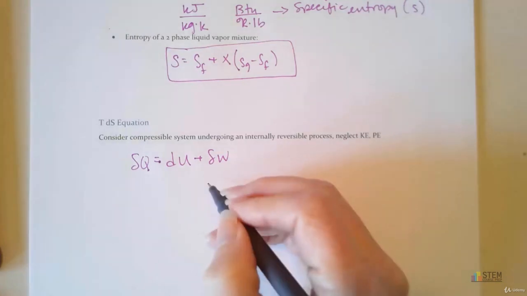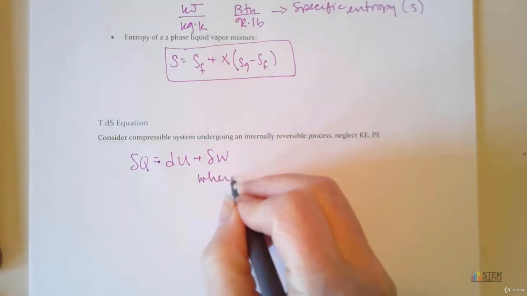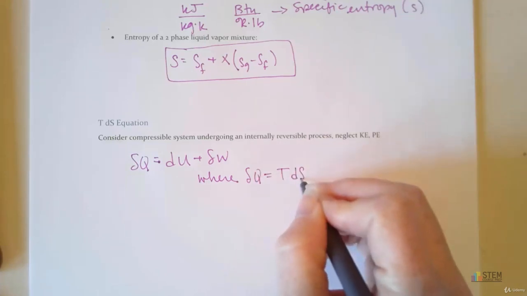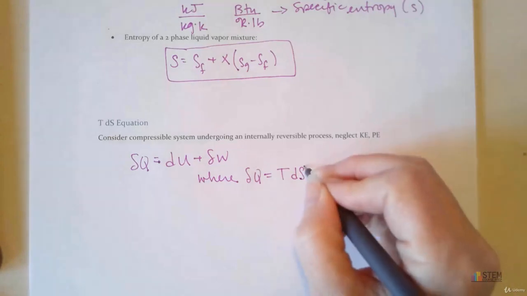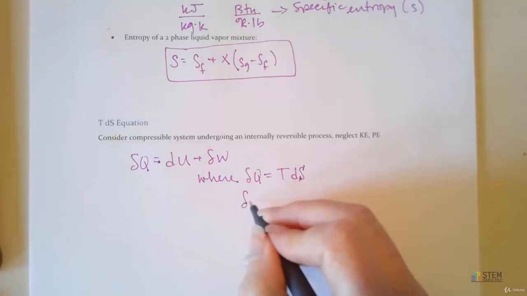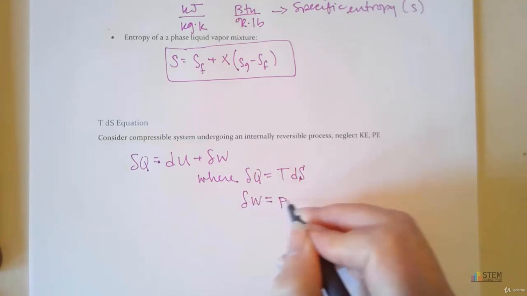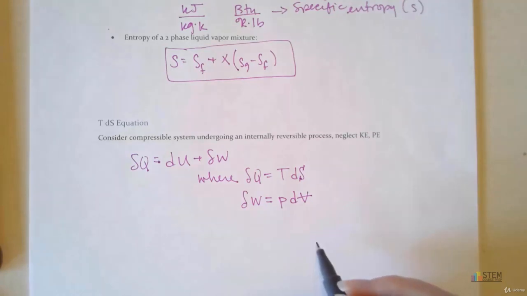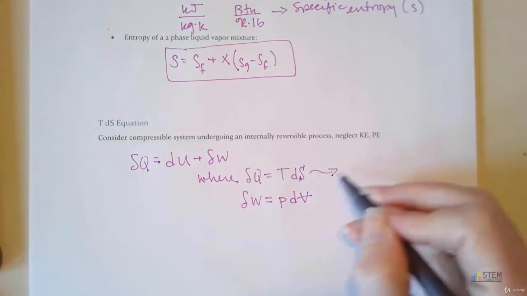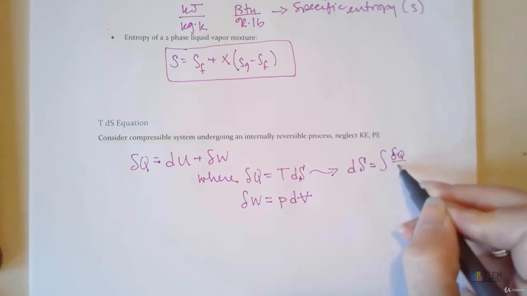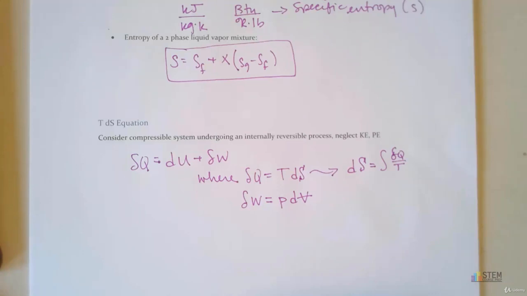And now let's define these terms. So delta Q is going to be equal to T dS. This is capital S. And the little delta work is going to be P times dV, where that's volume. Now we already said that dS is the integral of delta Q over T. All right, so we've already got that.